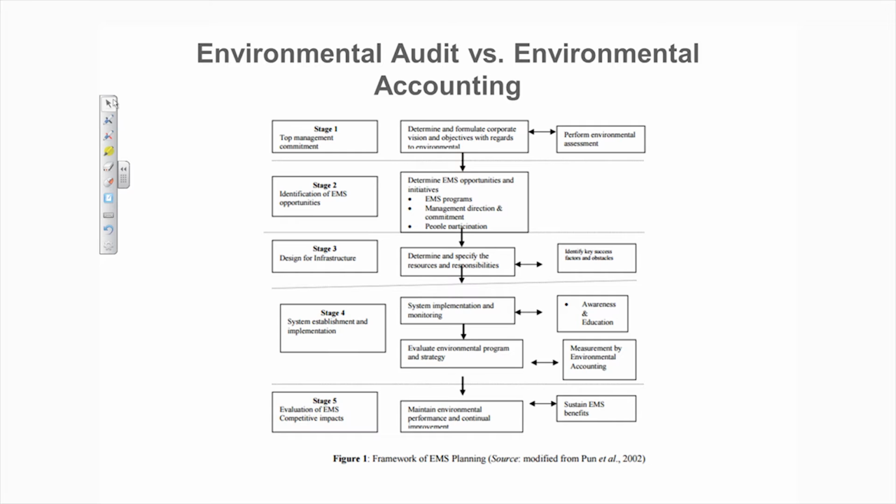If you look at this slide on the environmental audit versus environmental accounting, we can see that environmental accounting is one element in the environmental management system. Actually, it is allocated at stage 4 during system establishment and implementation.